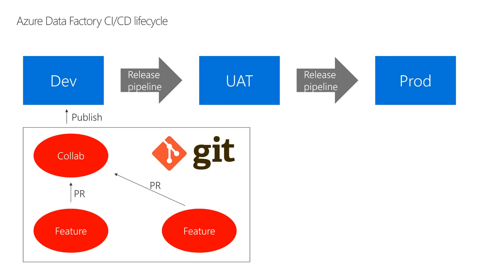So it takes all of your different data sets, all of the pipelines, all of the data flows, the assets that are part of your data factory, and generates an ARM template, and then that ARM template gets deployed to the Data Factory production environment that then executes your pipeline.